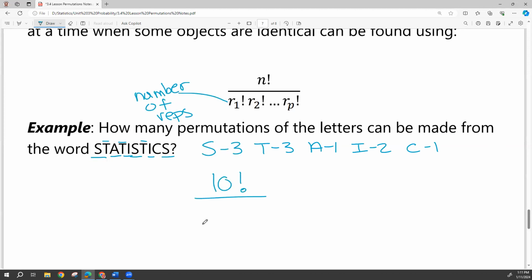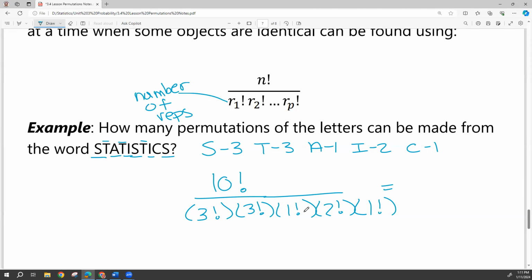If we were plugging this into our formula, 10 factorial on top, we have 3 factorial for the S's, 3 factorial for the T's, 1 factorial for the A, 2 factorial for the I's, and 1 factorial for C. And so we can do a little canceling here if we want to. We can use a calculator to calculate this.